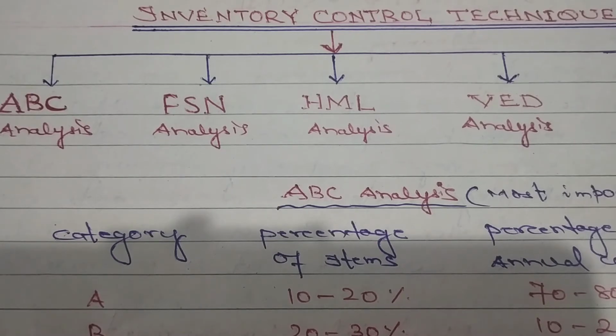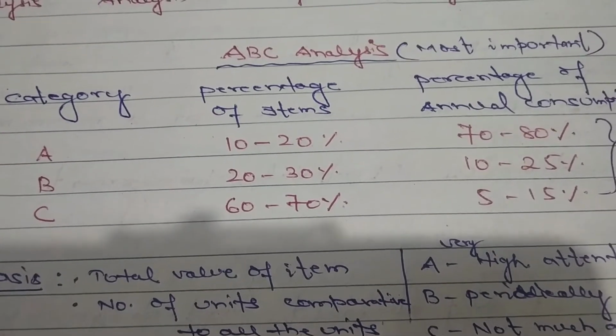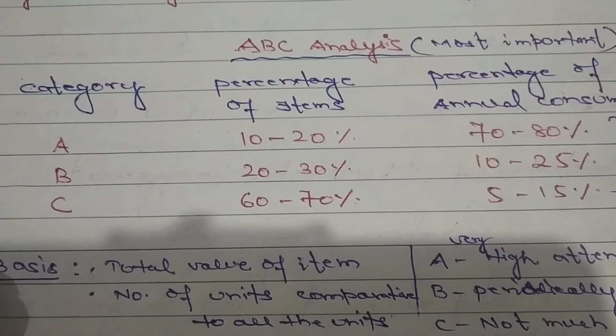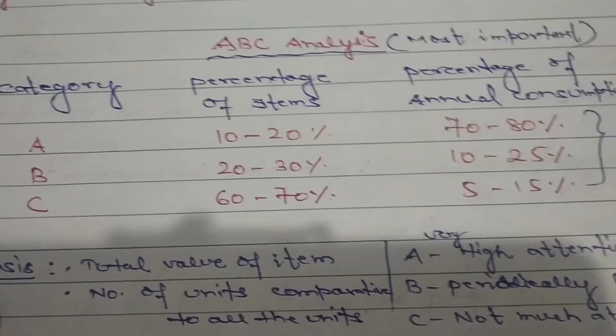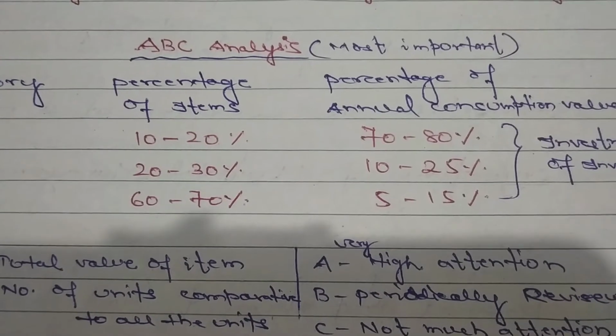First, we'll discuss the technique of ABC analysis. ABC analysis is on the basis of percentage of annual consumption value.